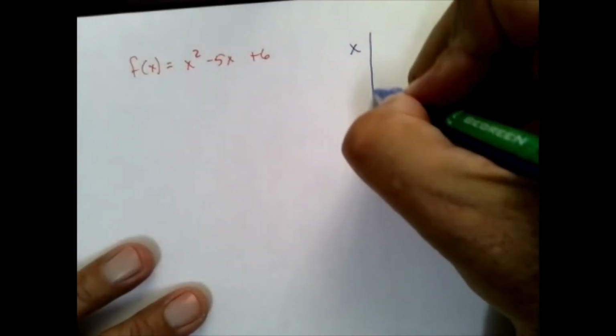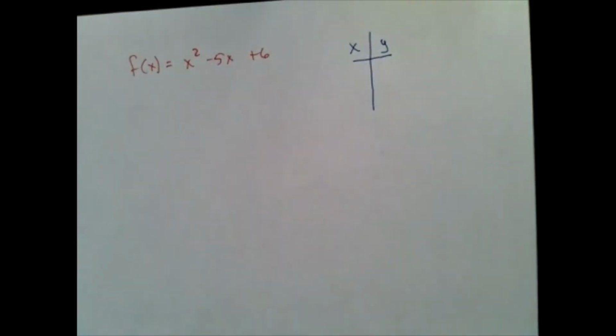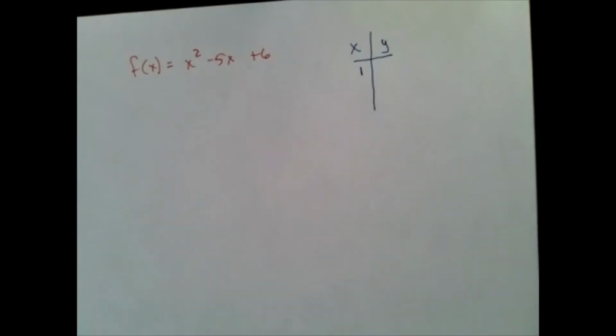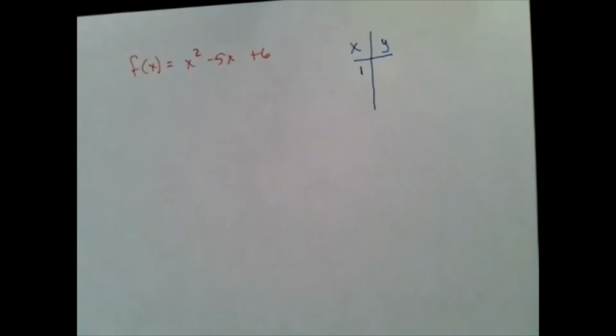Somebody give me an x value. Pick a number. Any number. I have nothing up my sleeves. 1. Okay. And if I said, you give me the y value, you plug it in, what do you get when you plug 1 in for x?